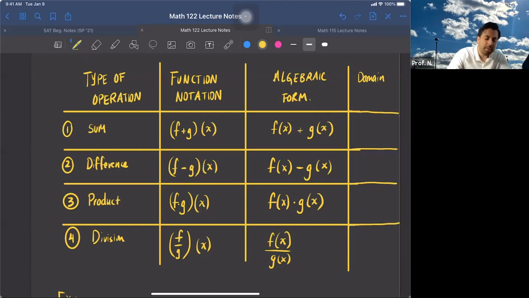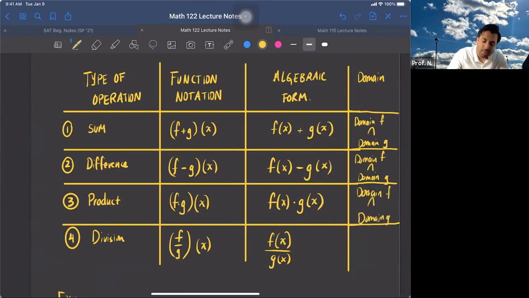The domain of the sum is just going to be the intersection of the domain of f with the domain of g, and so on. This is important on a technical scale, and it goes on for all of them.